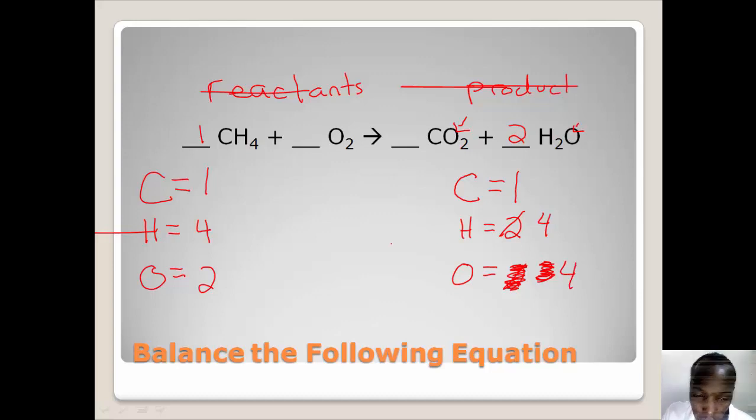So is there a common number between 2 and 4 that we can use? Yes, 4. Alright, so if we can get this to change to 4, we'll be balanced. And what number can we get to change it to 4? 2. So now that this is 4, it's balanced. 1 and 1, 4 and 4, 4 and 4. Alright.